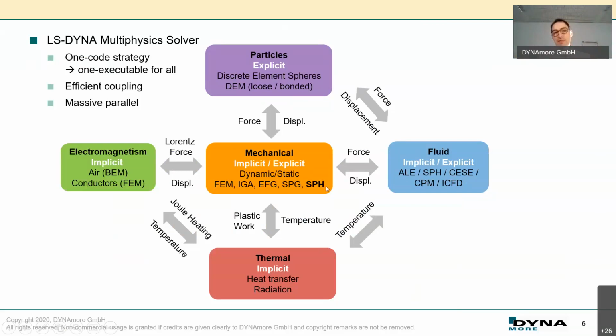You can also cover this with the thermal solver, for instance heat generated by plastic deformation. You can couple it with the fluid solver, so the heat is taken away by the fluid, like cooling down a battery which is heating up. These are applications of the one-code strategy. The good thing is that it's very modular. You can build the models independently and then link them together through a keyword.